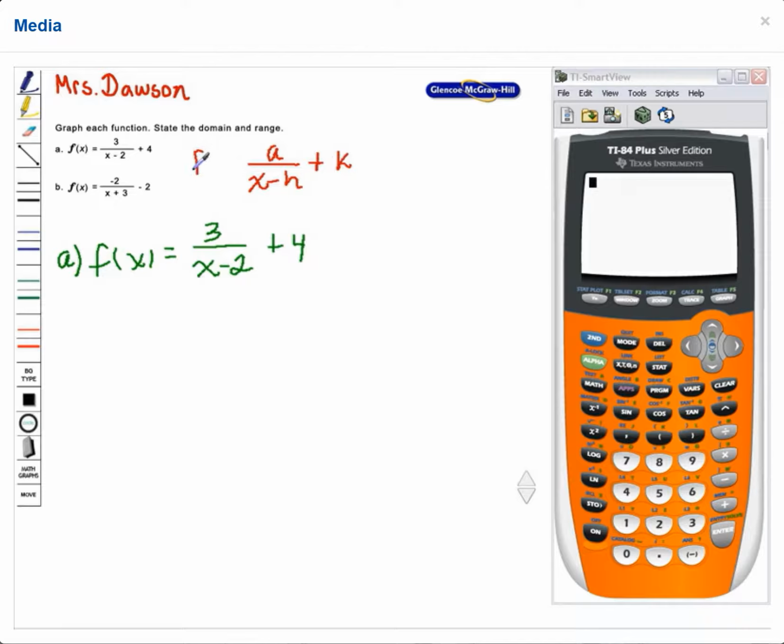And that will just be our general form of this type of function. To begin with, each one of these represents a transformation of the parent function 1 over x.